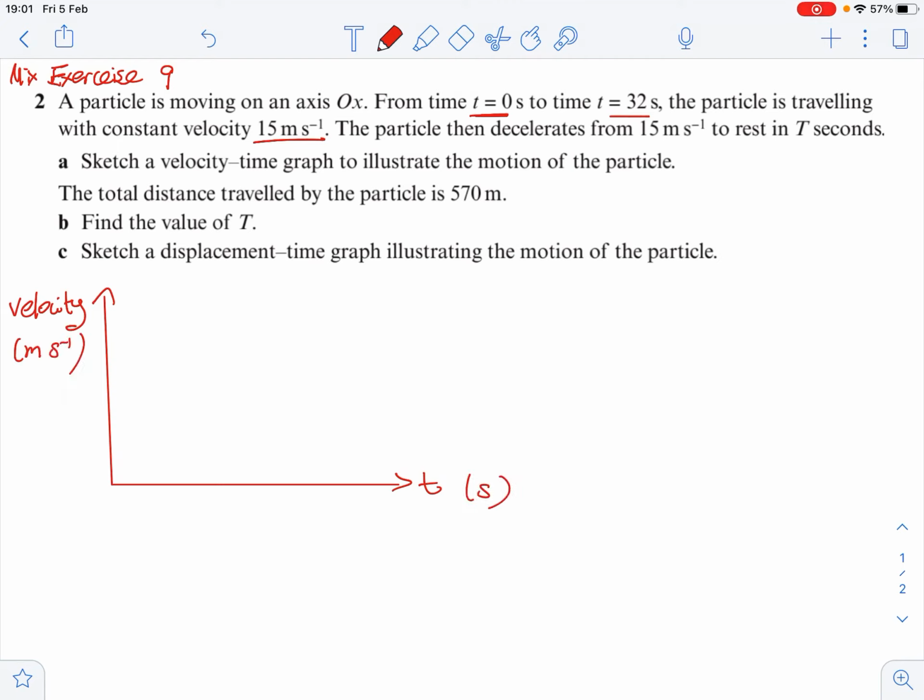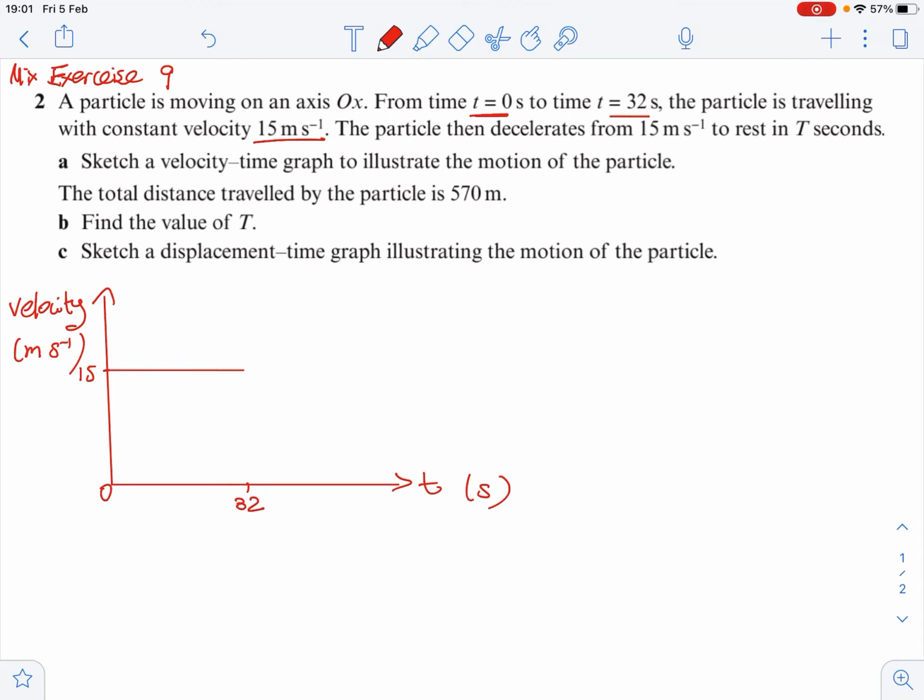We're told that when t equals 0, the velocity will be 15, so it travels at 15. This goes up to 32, so it travels at constant velocity.